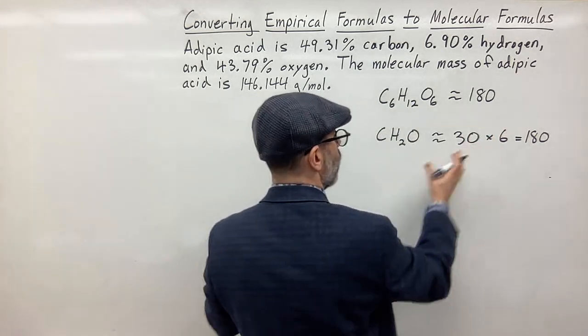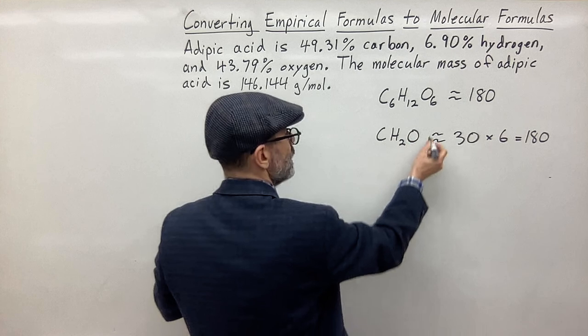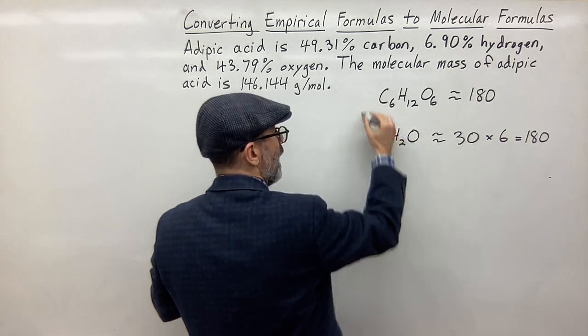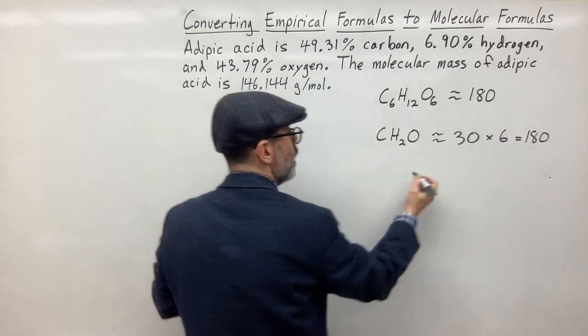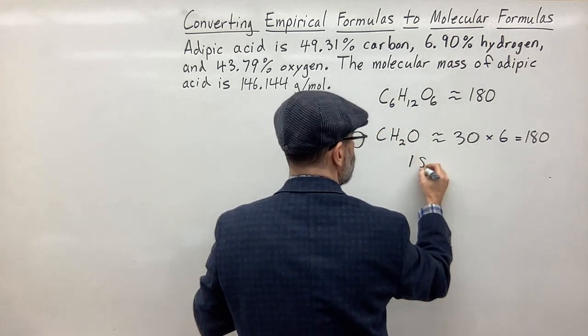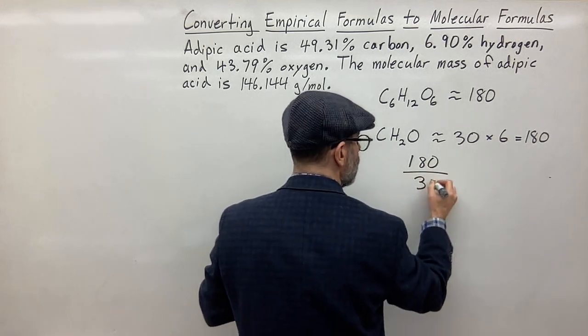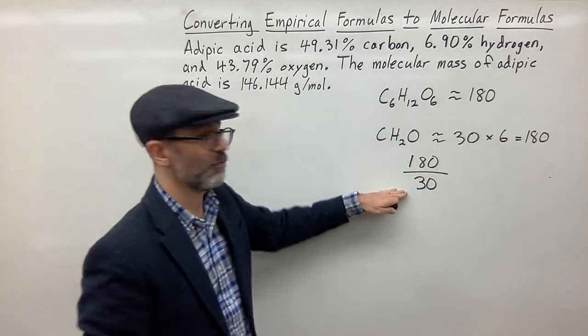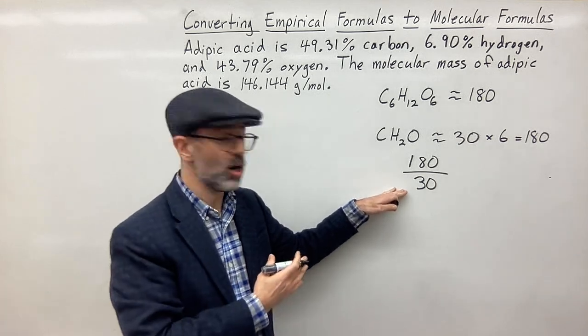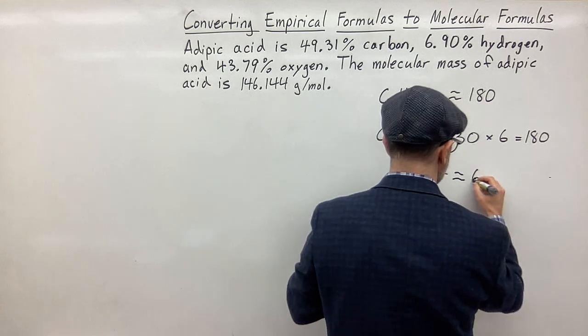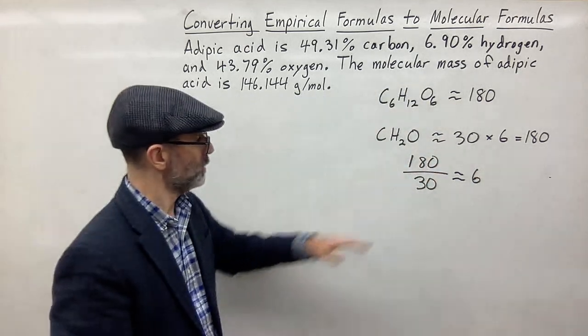And then what I can do is to get the factor that is the factor difference between these two, I can take the 180, the molecular mass, divide it by the formula mass of the empirical formula, and I'll get 6, a factor of 6.